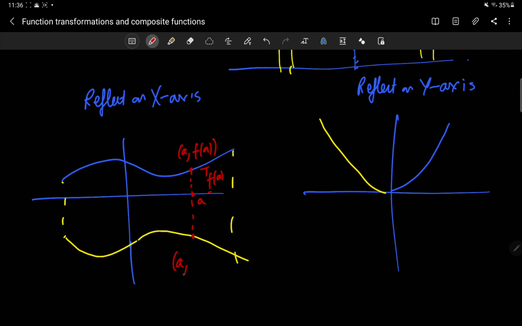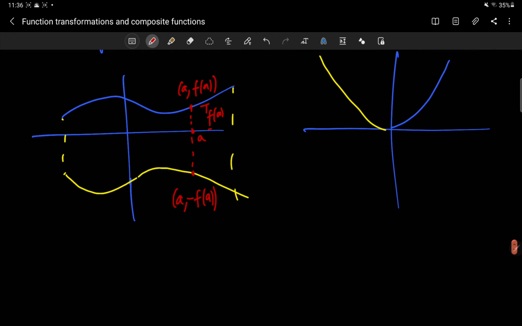So this point becomes A comma negative f of A, which means that reflection on x-axis just means you take the function and you make the output negative of what it was. If the output was originally positive, it becomes negative. If the output was originally negative, it becomes positive.